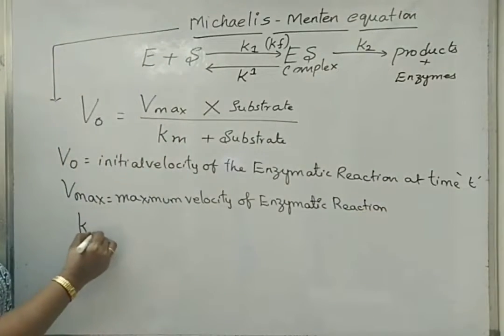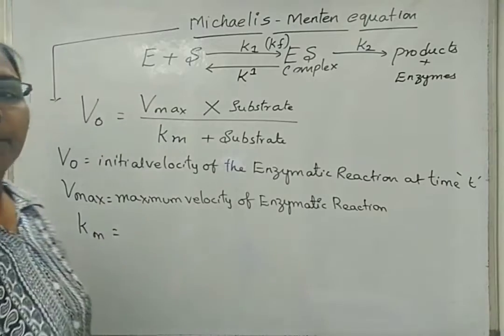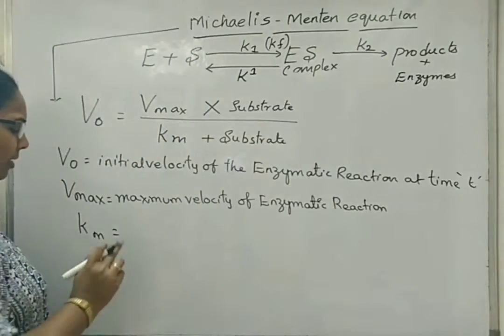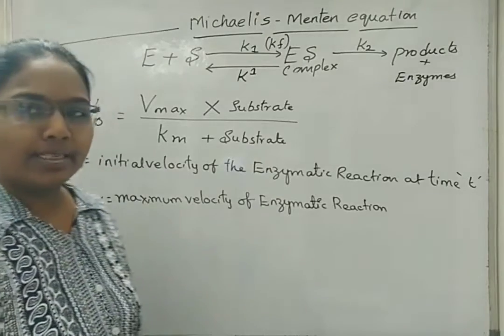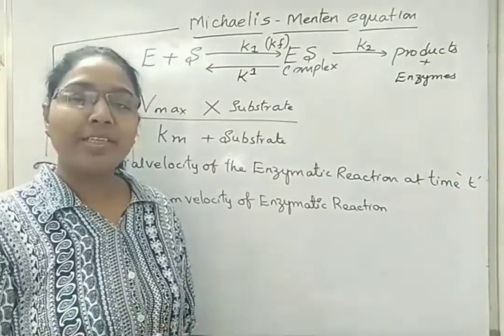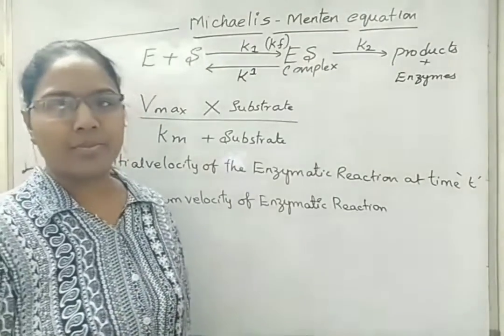Then what is Km? We represent Km in two places separately. When we are talking about the enzyme, Km indicates the affinity of the enzyme towards the substrate.